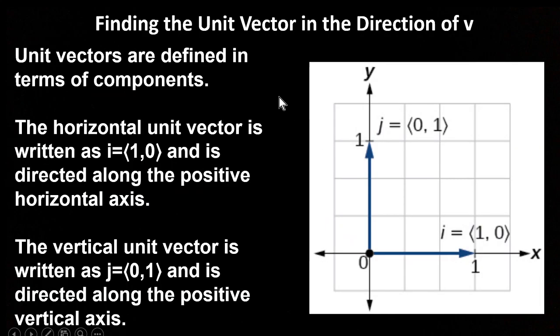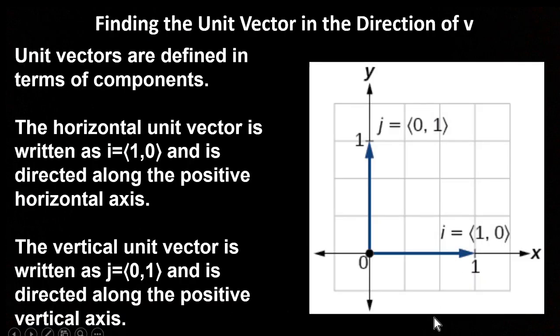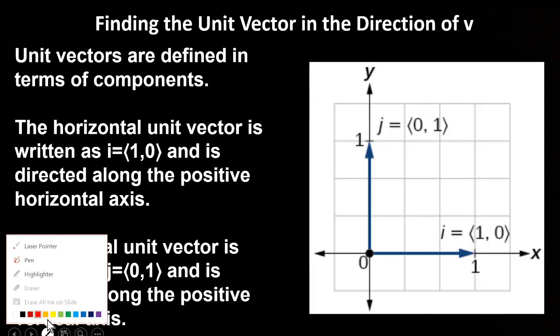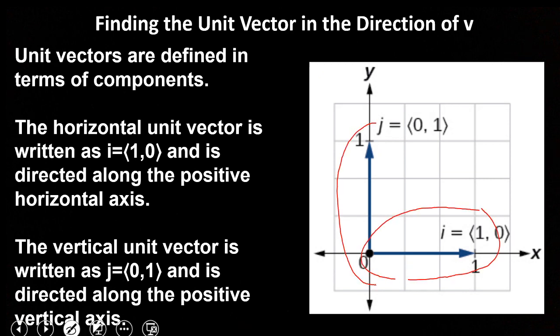Unit vectors. What are unit vectors? Well, unit vectors are vectors that have the magnitude of 1. Now there are two famous unit vectors. One of them is in the direction of the positive x-axis, which is here, and the other one is in the direction of the positive y-axis. These have names.